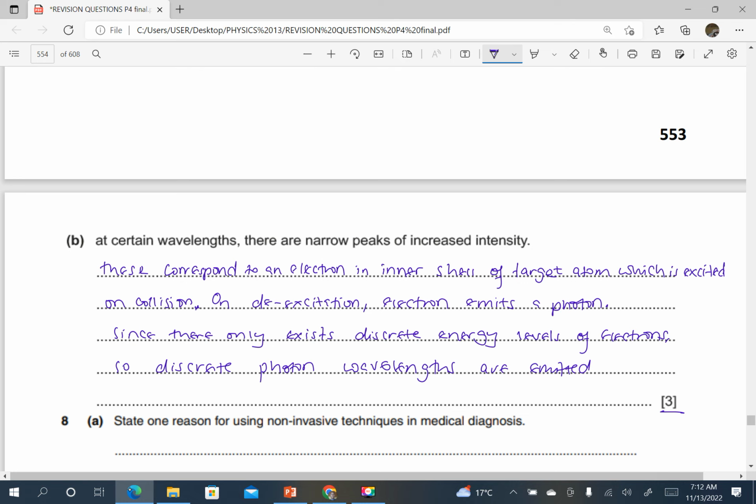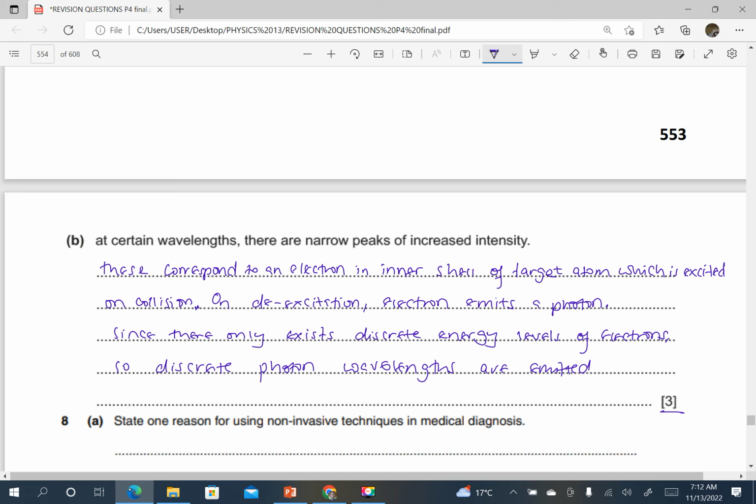So here, using medical tracers, a tracer is injected into the body. Commonly, it is F18 or fluorine 18. Remember, a tracer is a substance which attaches itself to organic molecules in the body, such as glucose or water.